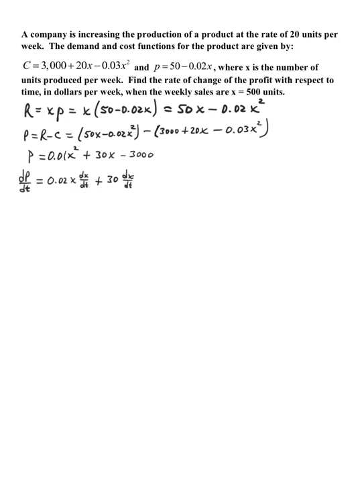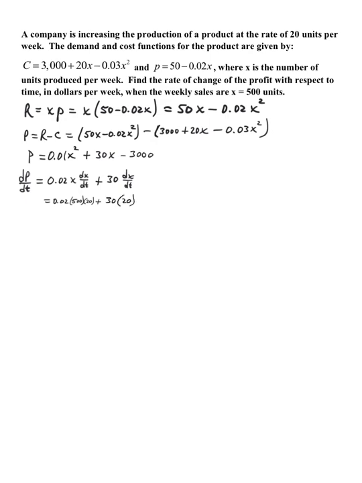In the original problem, we're given x equals 500. dx/dt is 20. That's in the first sentence. And then we'll do a 20 here as well.